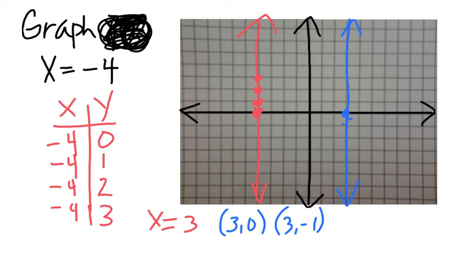X equals 5. There's the vertical line for x equals 5. It's at 5. X equals -1 would be right there. Every time it says x equals some number, then it's a vertical line. When it says y equals some number, it's a horizontal line. So these are easy to graph. Don't mess up the easy ones.